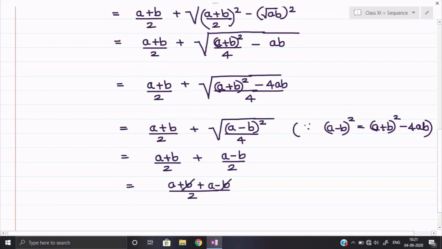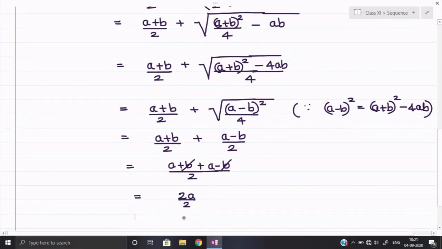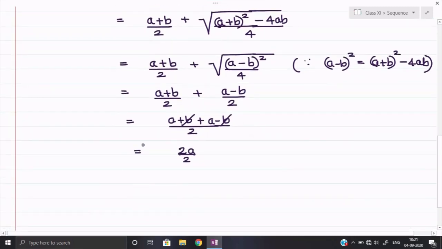Minus b and plus b got cancelled, so we got here 2a upon 2. So 2 and 2 again we can cancel. Therefore, what we got here is that the value of a plus under root of (A plus G) into (A minus G) will be equal to small a.